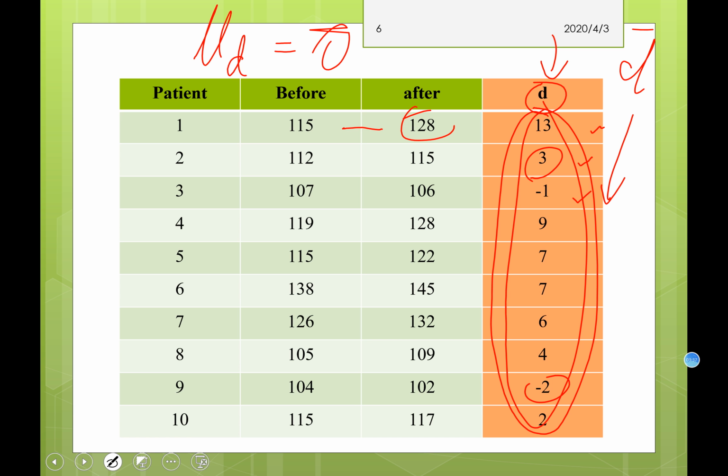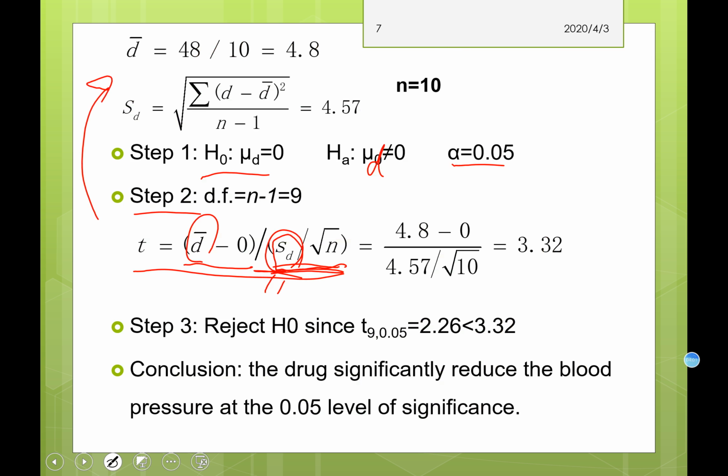But how can we get SD? That is the standard deviation. So how can we do that? I think we already know how to calculate the standard deviation. We have learned that in chapter 1. So we already know the formula for standard deviation.